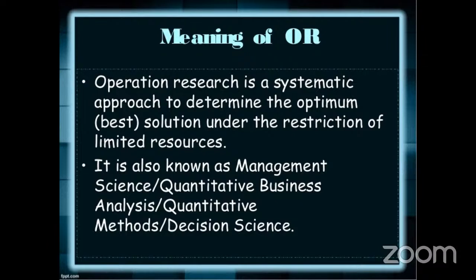We have limited space and limited funds, and we want to do our business with maximum utilization and get our solution, which is nothing but the maximum profit from our investment. To reach that, we apply operations research, a systematic approach to determine the best solution under the restriction of limited resources.